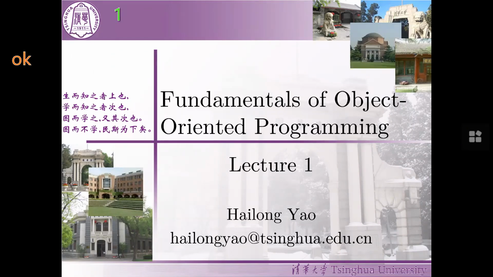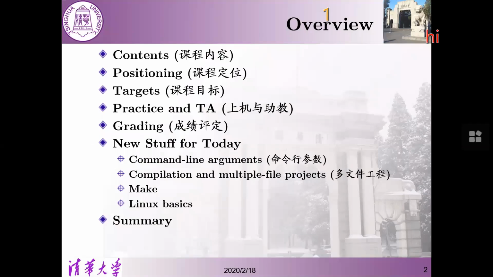Okay, then we start our class. Throughout this semester, we will learn the OOP language together. This language is taught in English plus Chinese. Actually, we have to use English because we have some foreign students who know very little Chinese.